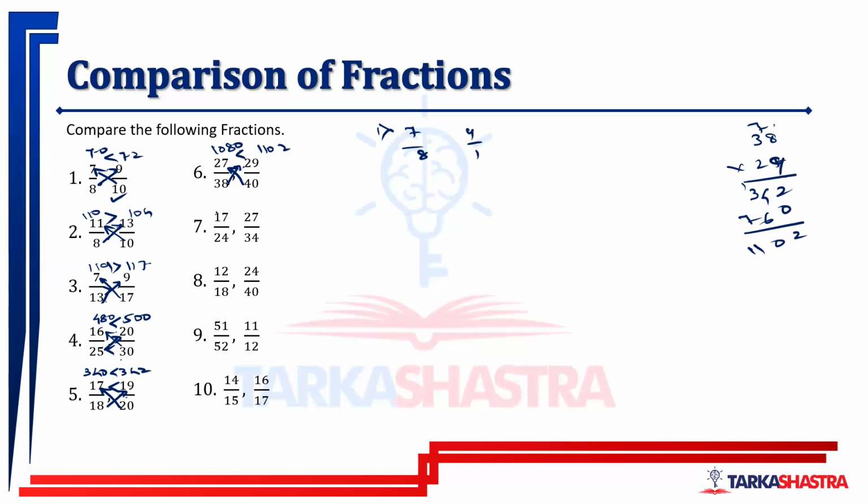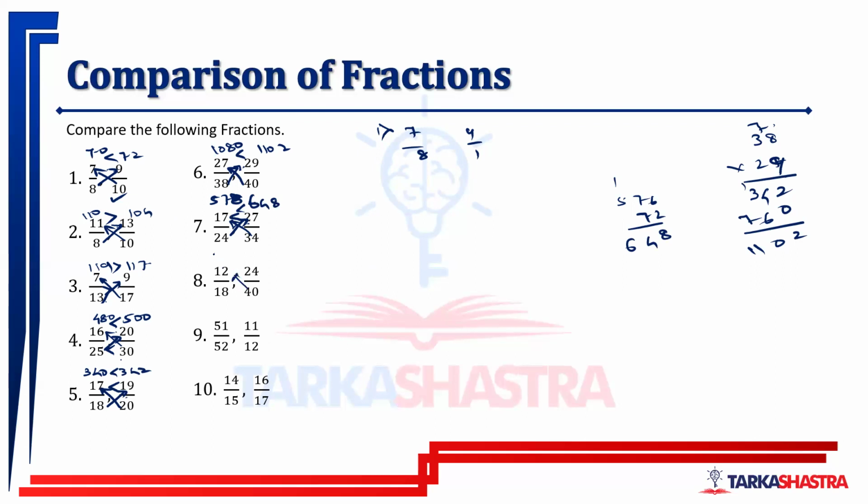Then 17 into 34 is 289, double of that will be 578. And 24 into 27 is 576 plus 72, so 648. Obviously 648 is greater, so 27 by 34 is greater.